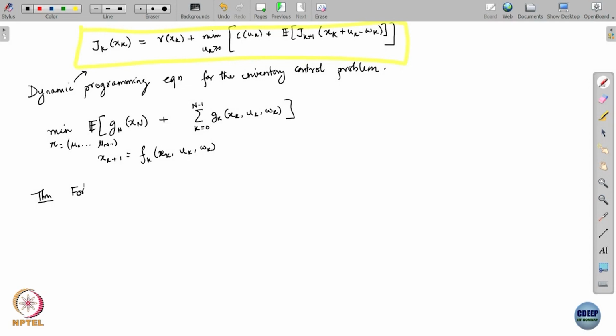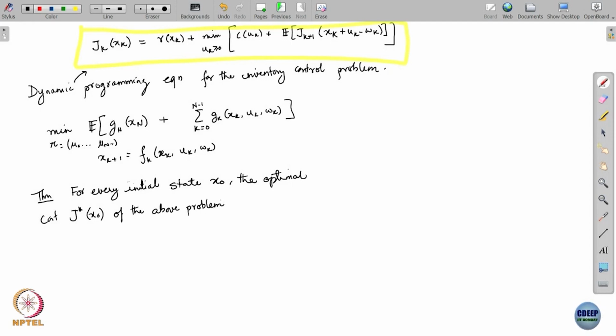So for every initial state x 0, the optimal cost j star of x 0 of the above problem is equal to j 0 of x 0.